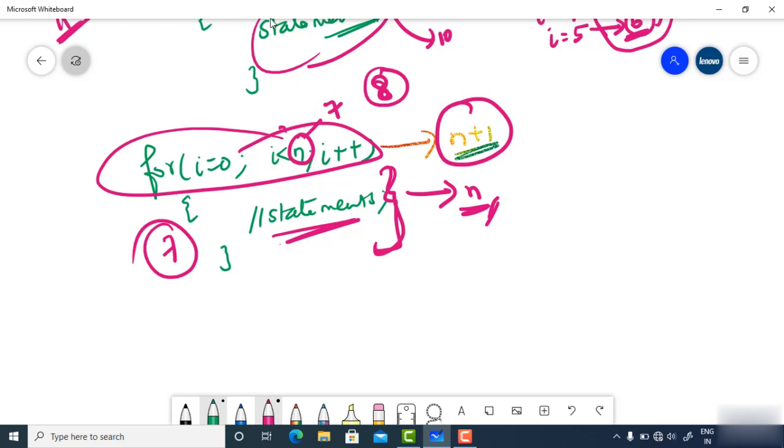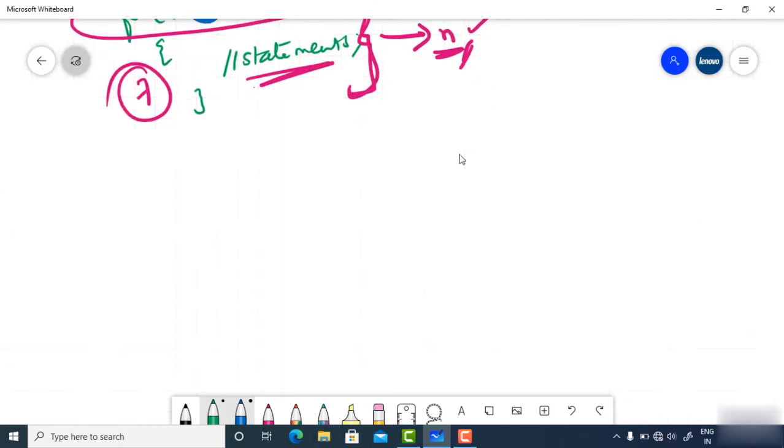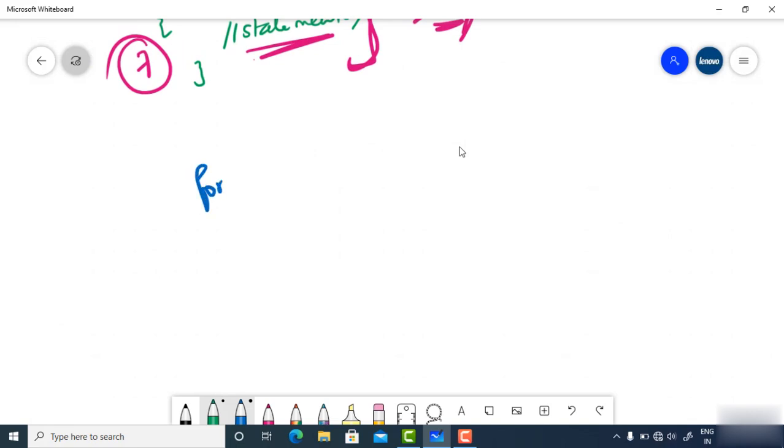So the loop will execute for n plus 1, and all the statements inside the loop will execute for n. And this will work only if you are starting from 0. If you are starting from 0, this will definitely work. What if I do like this? Can I do like this?